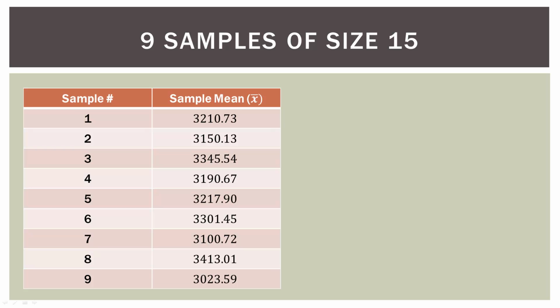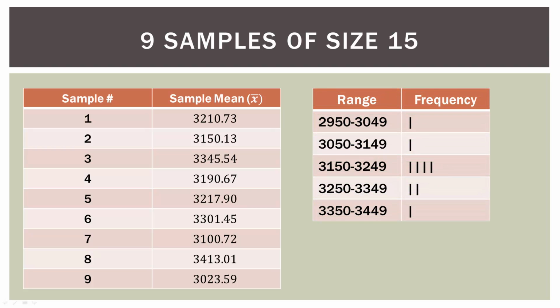Now, the question is, what is the distribution of these sample means? Now, one way to do that is to think about it as a histogram or a count, right? Let's look at this. Now, what I've done is I've created count ranges for our means. So you can see the first range is 2950 all the way up to 3049.